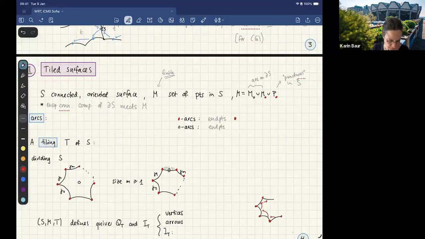So I want both endpoints to be of the same type. Yeah, arcs are non-contractible curves with endpoints in M.